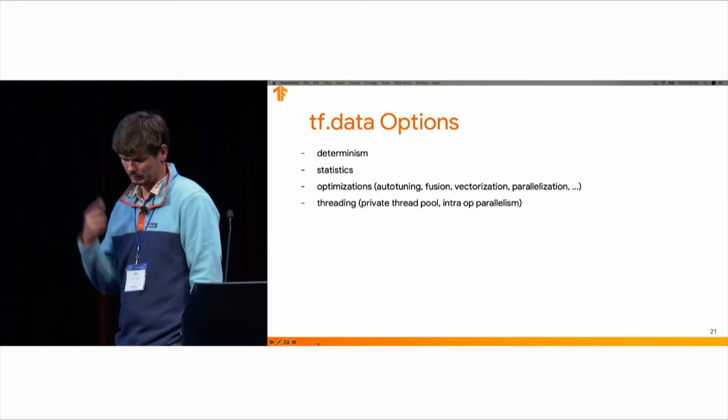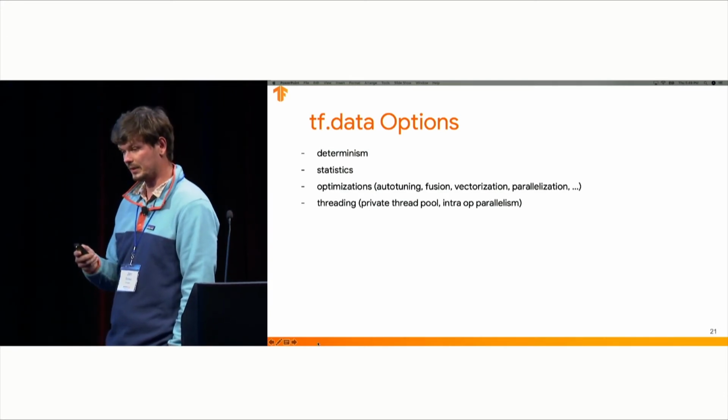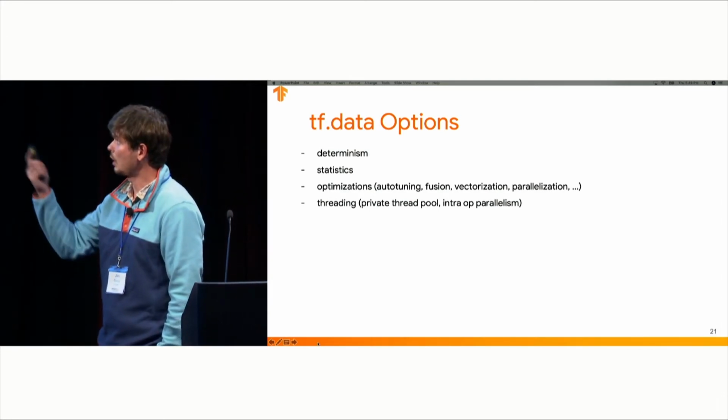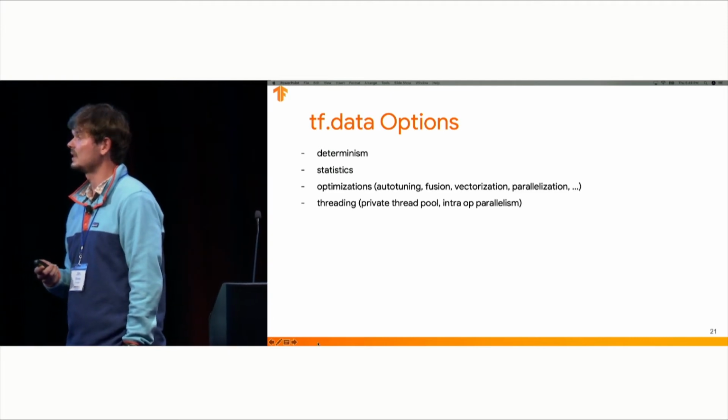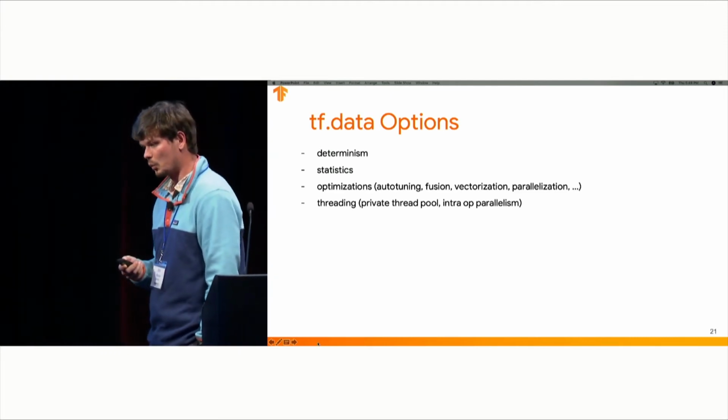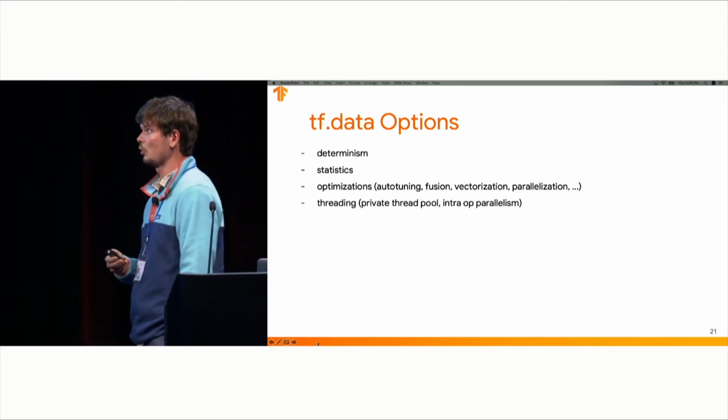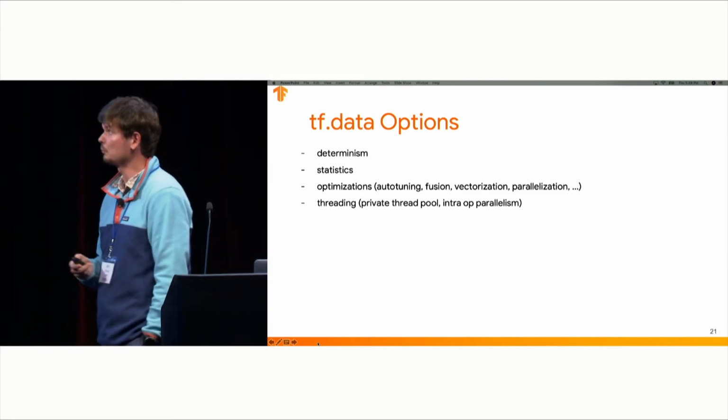Related to the point about determinism that I made earlier, I want to call out the existence of the TF.data options object, which is a mechanism through which you can set global options of your TF.data input pipeline.